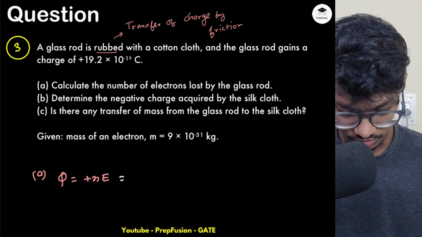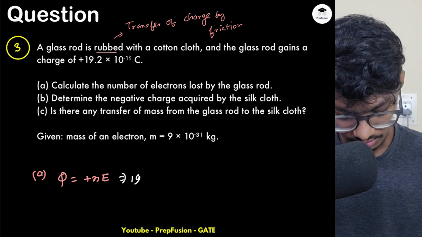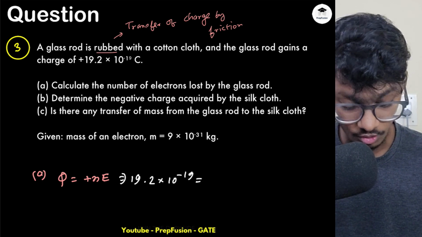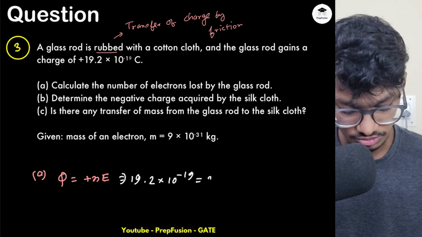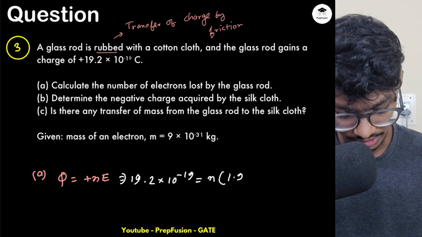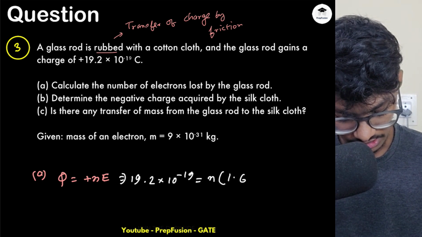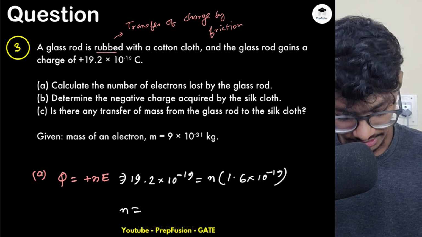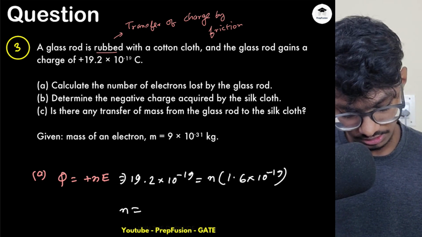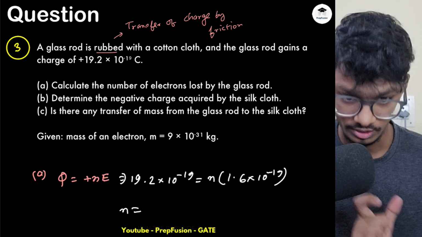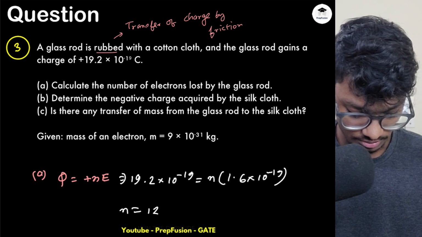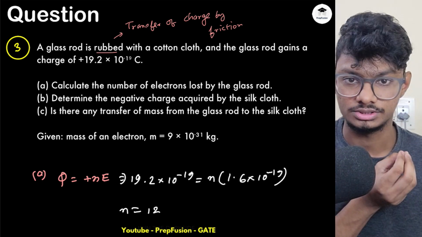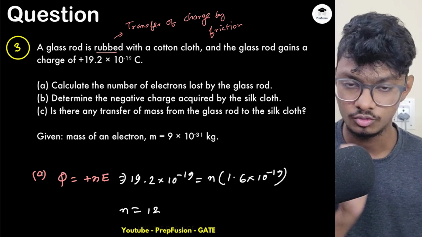So Q is 19.2 into 10 raised to the power minus 19, equals plus n times 1.6 into 10 raised to the power minus 19. So what will n be? This will be 12, right? So n will be 12. So the glass rod has lost 12 electrons.